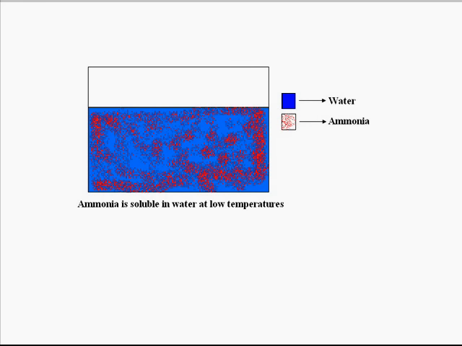Now I am going to speak about the vapor absorption cycle, which is also a refrigeration cycle. First of all, let us understand a peculiar property of ammonia and water solution. In case we mix ammonia with water at low temperatures, around room temperature, then ammonia is readily soluble in water.